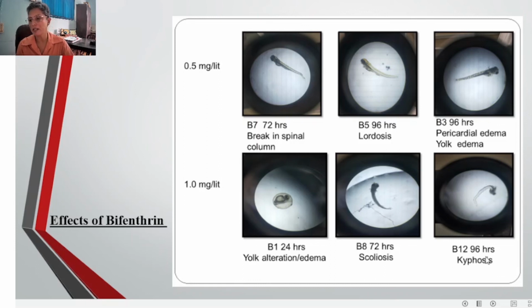After 96 hours, the kyphosis was observed. Kyphosis means it will affect the anterior portion of the embryo, as well as the pigmentation part, as well as the breakup of the vertebral column will also be there.